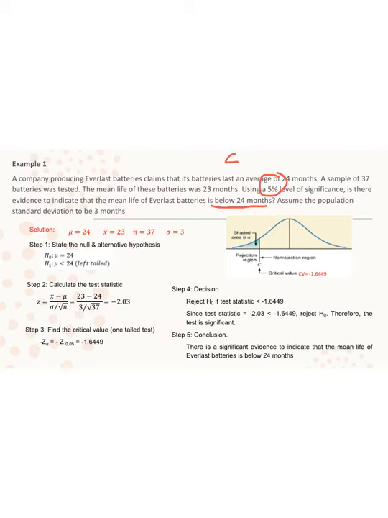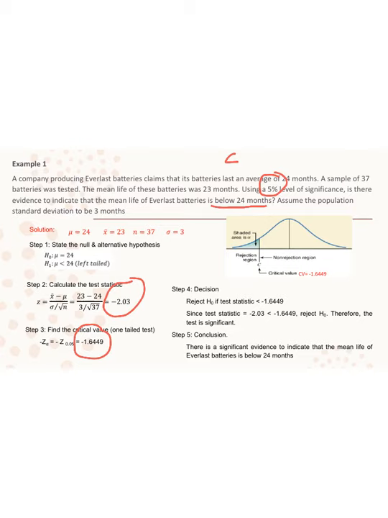Kalau kita tengok table yang kat depan tadi untuk left tail, saya dah tuliskan. We will reject H0 if test statistic is less than the critical value. So our test statistic here is negative 2.03 and our critical value is negative 1.6449. Okay, so kalau kita lukis standard normal table, this one.